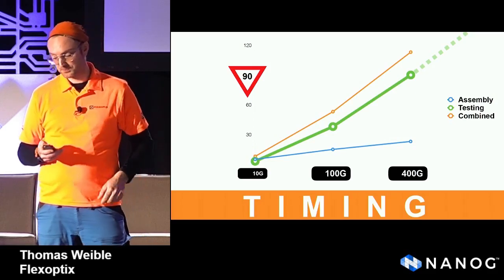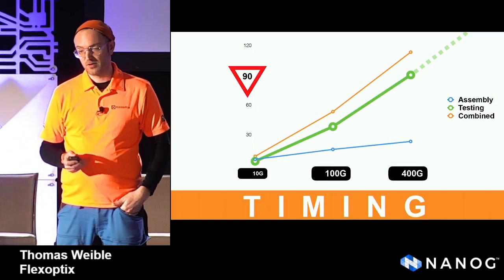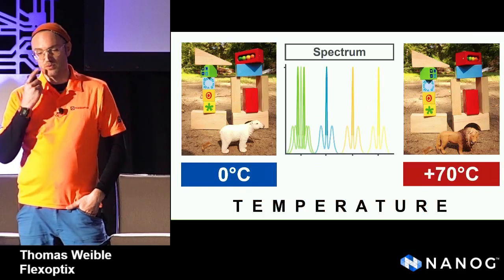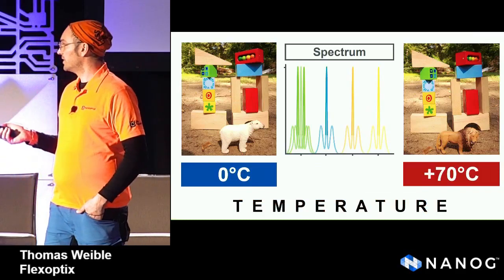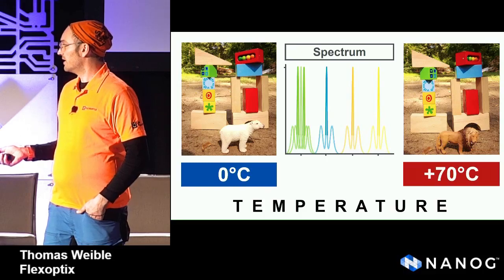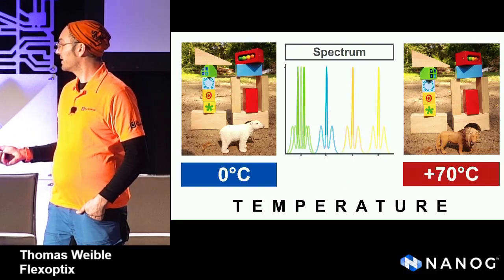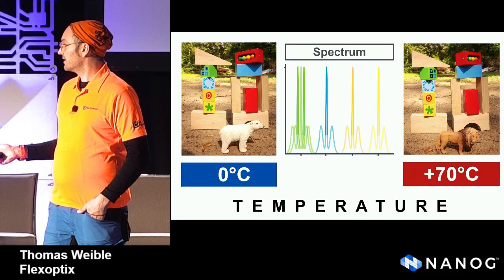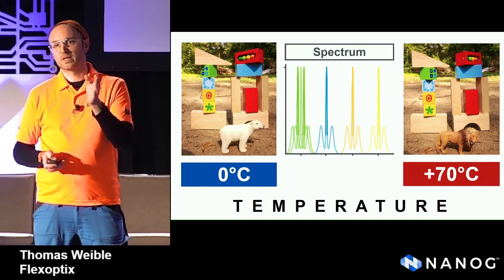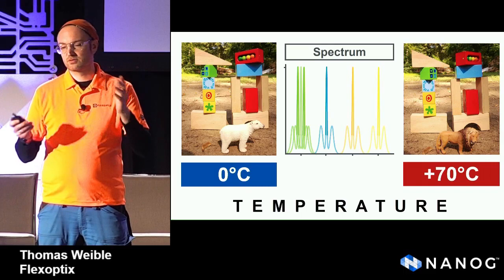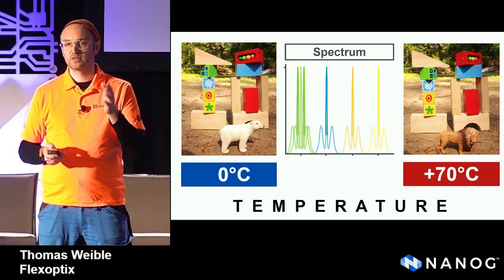This really matters. To give you an idea about a test case, I took the example of temperature tests. So here I do have the temperature test at 0 degrees centigrade and also at 70 degrees centigrade, and we see, well, the green laser here, when we change the temperature, it's going to be drifting away a little bit, but at a certain time it will stabilize.